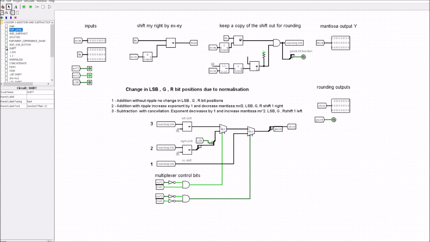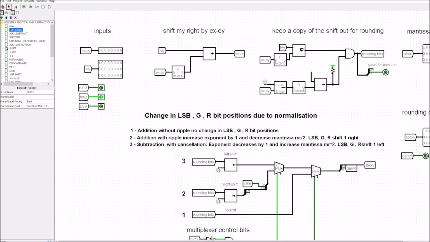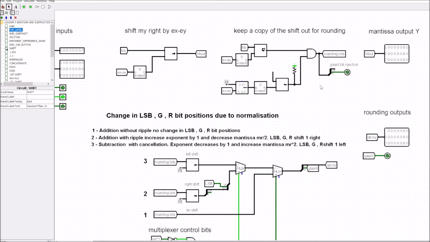But when we decrease the mantissa, that means we shift it to the right, and then information gets dropped off the end. We wanted to retain that information, and this is the method we've used to retain it. So I'll zoom in now and we'll have a look at this little section here.